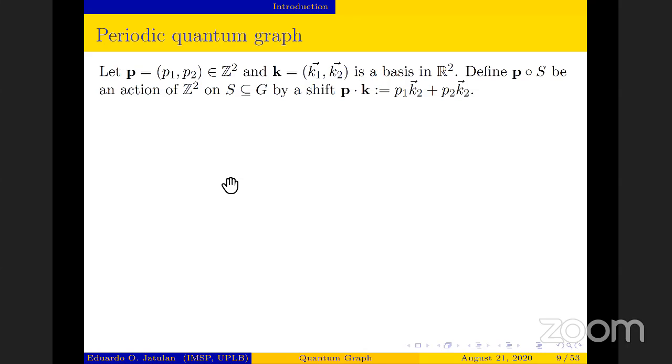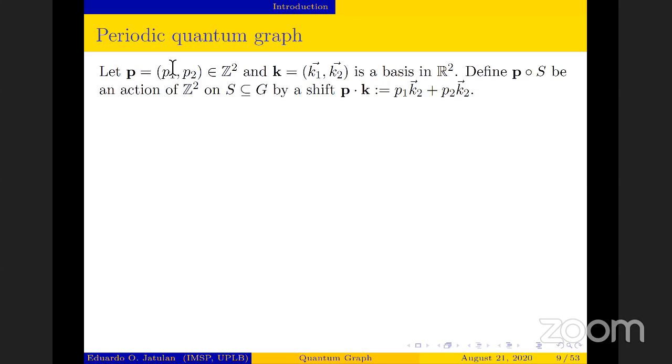I'm going to define a periodic quantum graph that is embedded in the plane, since the quantum graphs that we are going to consider are the Archimedean tilings. We have a more general definition for periodic quantum graph, but in this talk, I'll just give you the definition where the quantum graph can be embedded in R2.